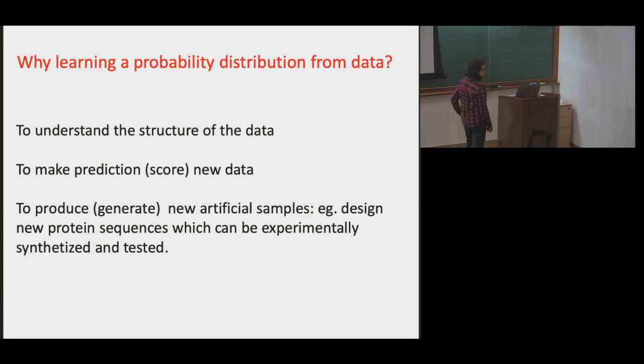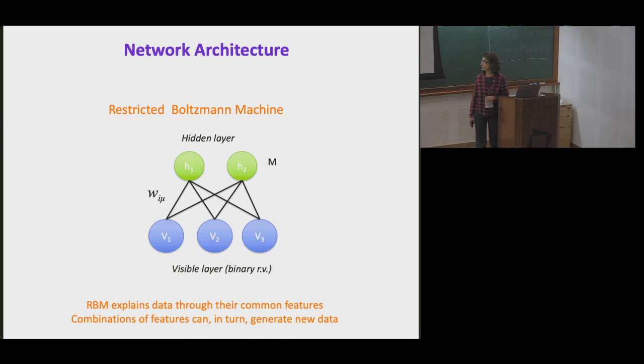The architecture on which I will focus is called the restricted Boltzmann machine. It is a case in which the input units, which are here, form the visible layer.